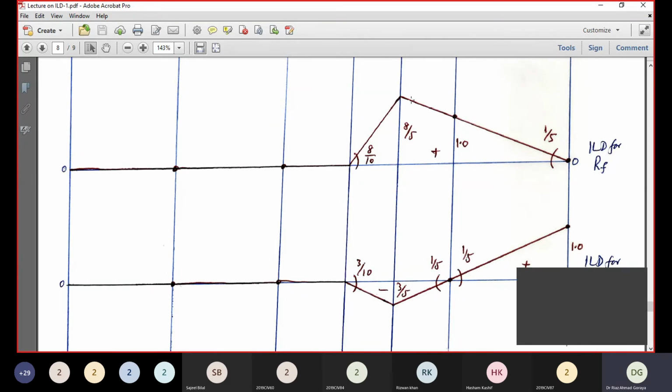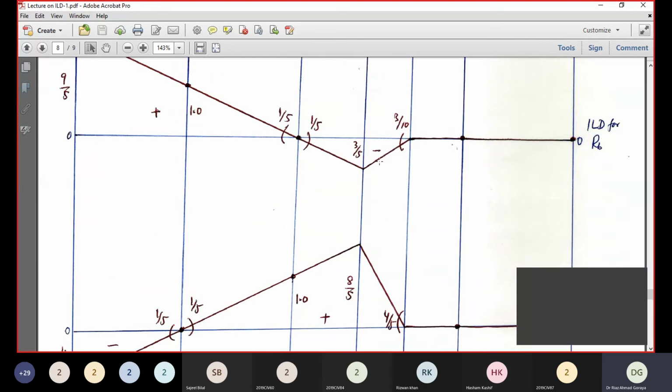This will go up to this point E. Now these two zeros will continue from point A to point D. So these two points will be joined with a straight line. This slope is 1 by 5. This is 1. This is 8 by 5. This slope is 8 by 5 divided by 2. That is 8 by 10.